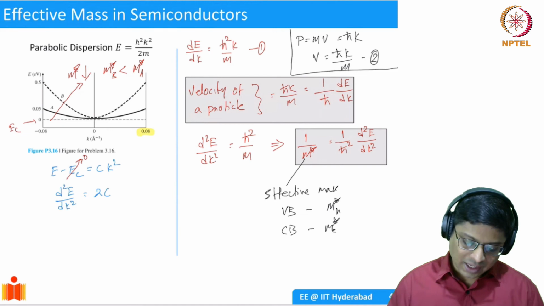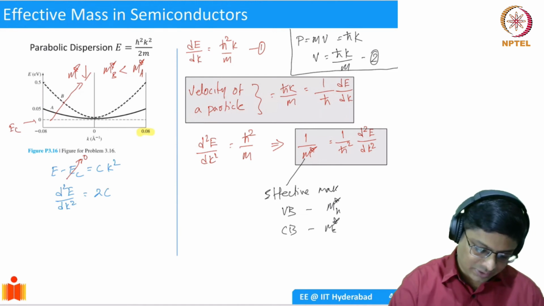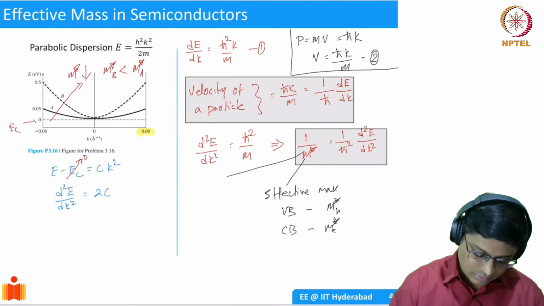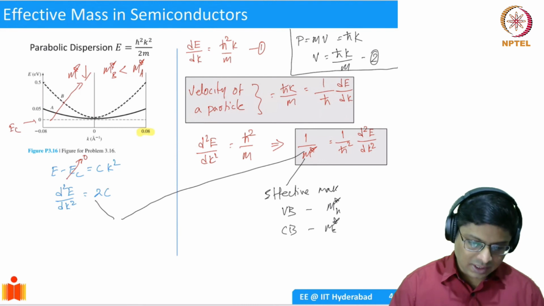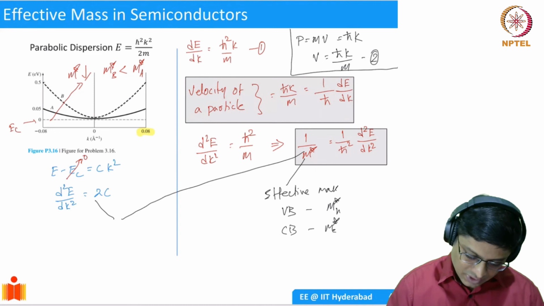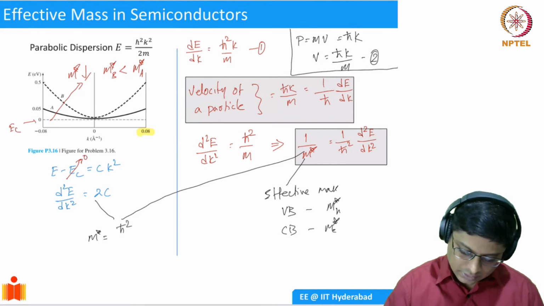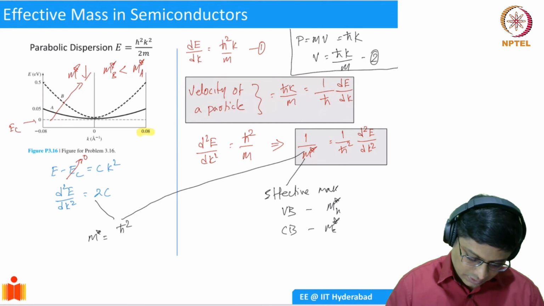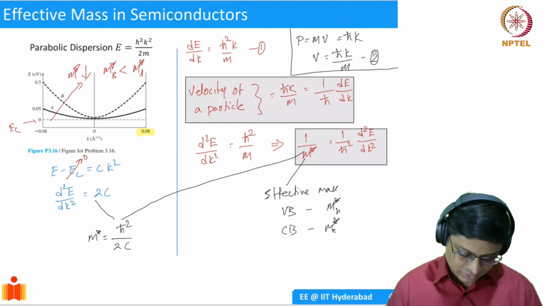So what I can do is combine my relations. I have this relation from here, and then I have this relation. I can combine them, and I can define m star as h cross square divided by 2C. I think this should be fairly correct.